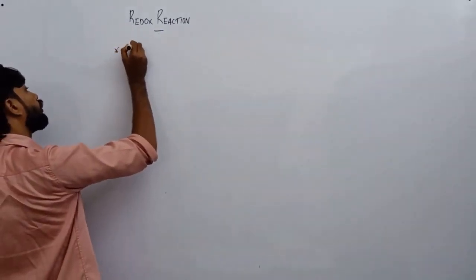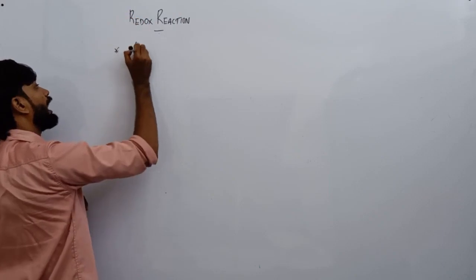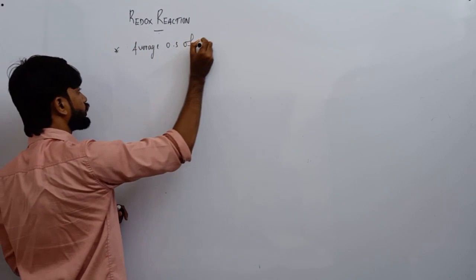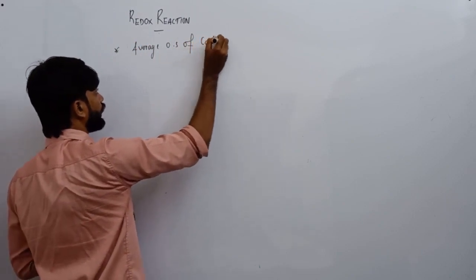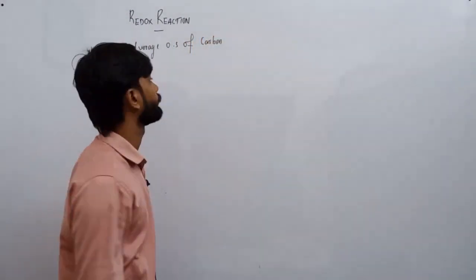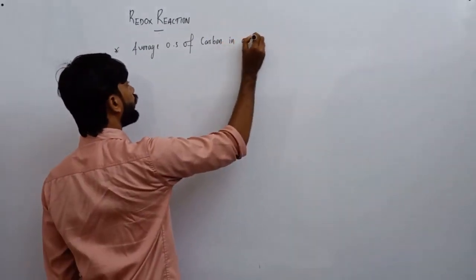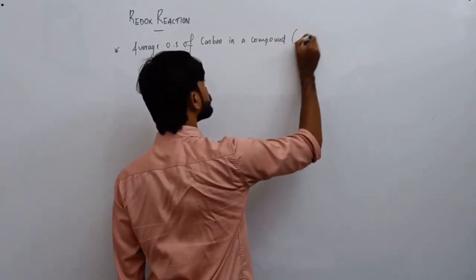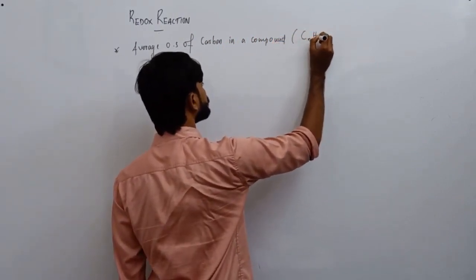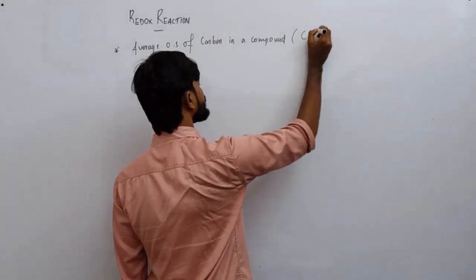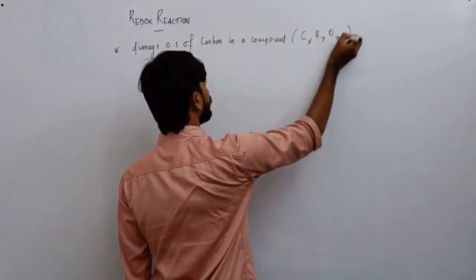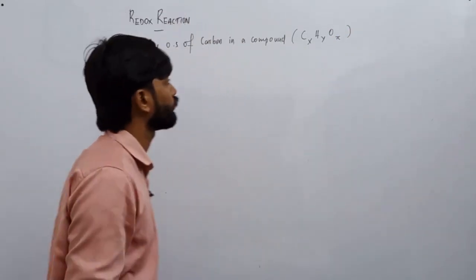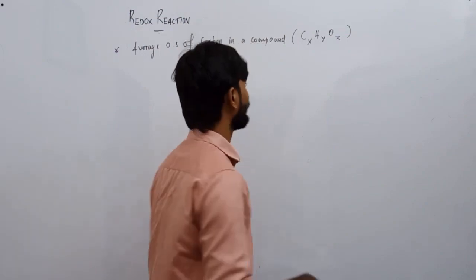Listen, the average oxidation state of carbon in a compound CxHyOz, which means some number of carbon, some number of hydrogen, some number of oxygen, like that.